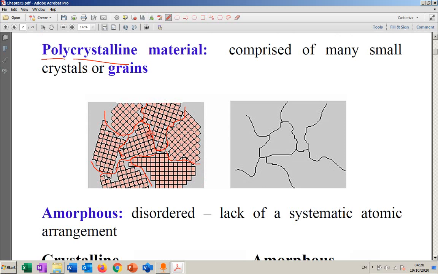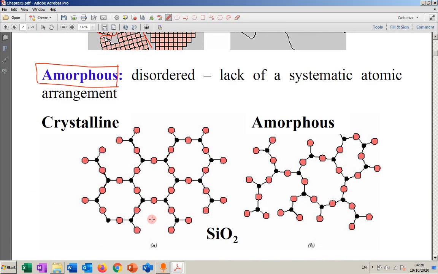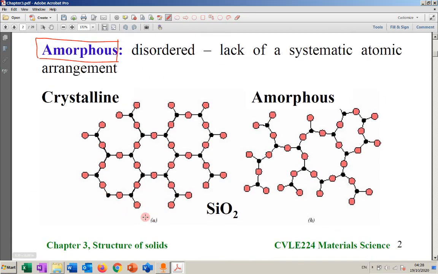Now the lack of crystallinity: if the atoms do not arrange themselves in a symmetric way or in a periodic, repetitive manner, we call this non-crystalline, or amorphous. So amorphous is another term to represent non-crystalline material. Disordered, they are not ordered. An example: this is crystalline.